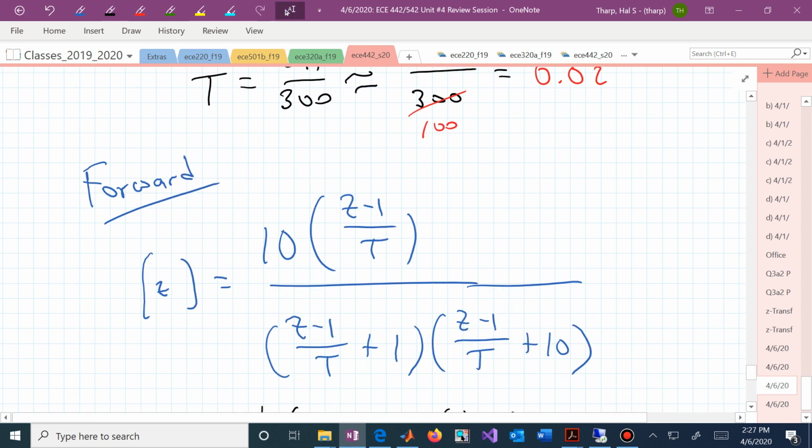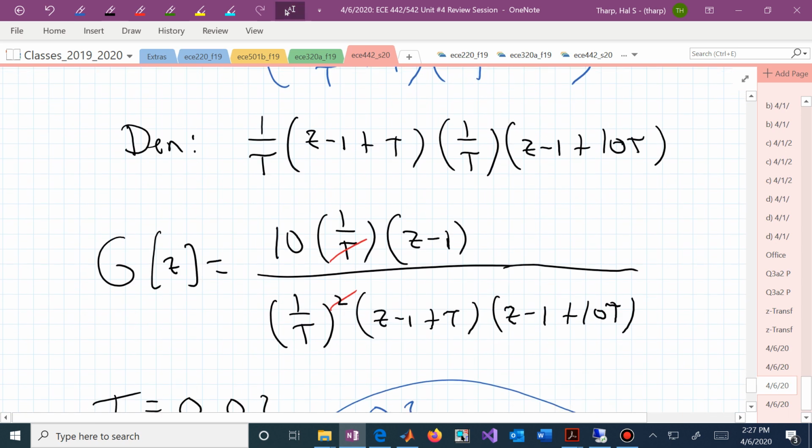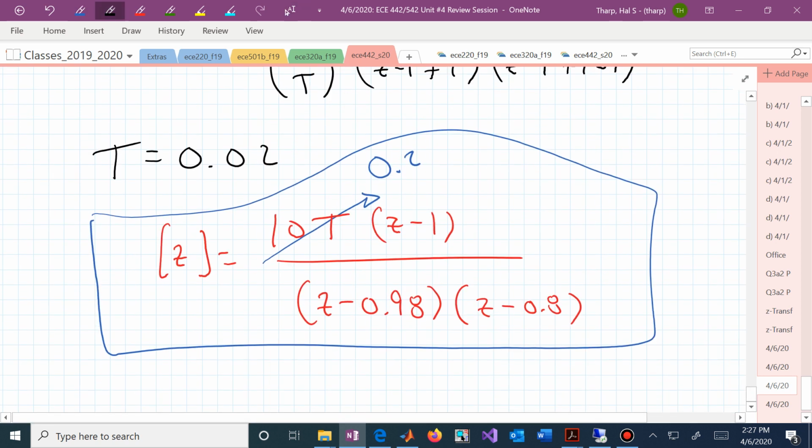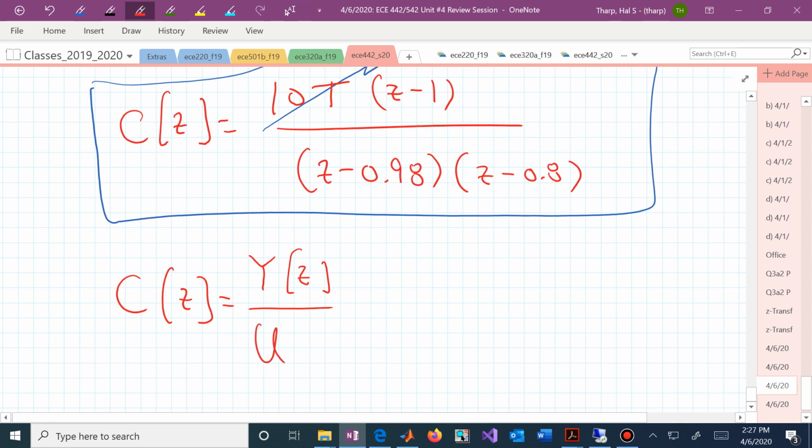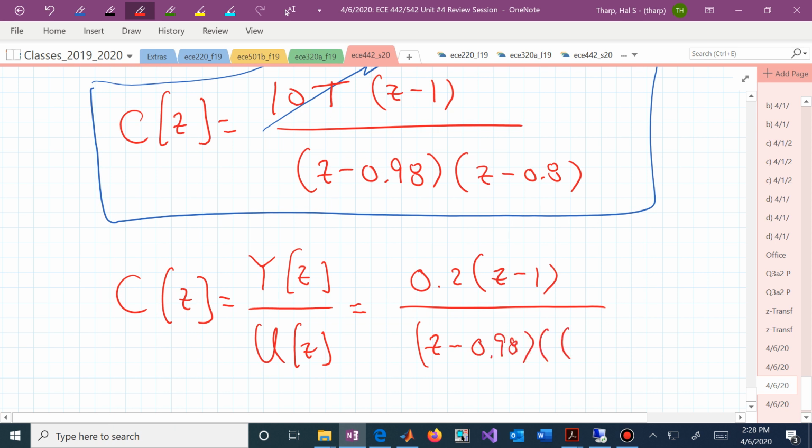Here was C of S. Let's call that C of Z. This is now C of Z, not G of Z. If somebody wanted the difference equation associated with that, let's say that this is now some output signal over an input signal. That's now this 0.2 z minus 1 over z minus 0.98, z minus 0.8.